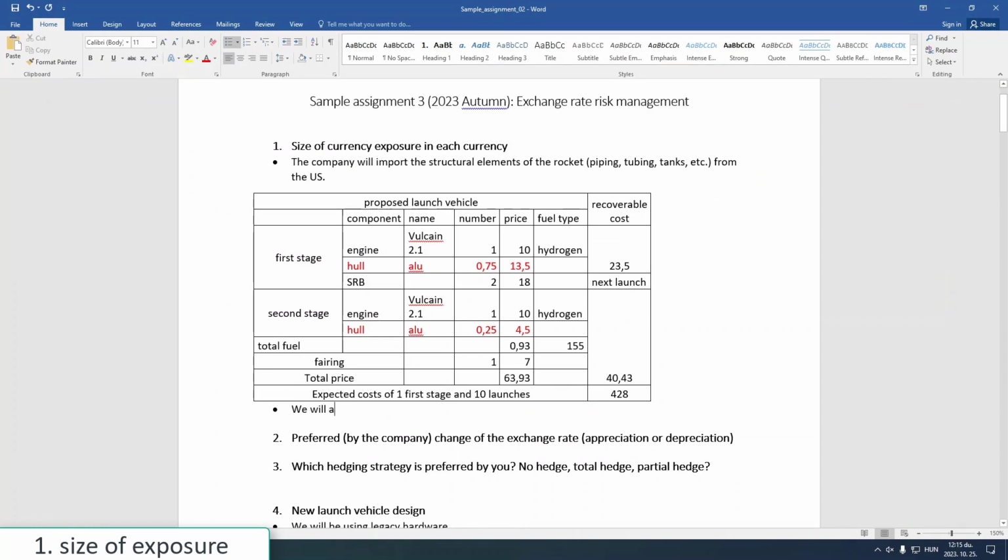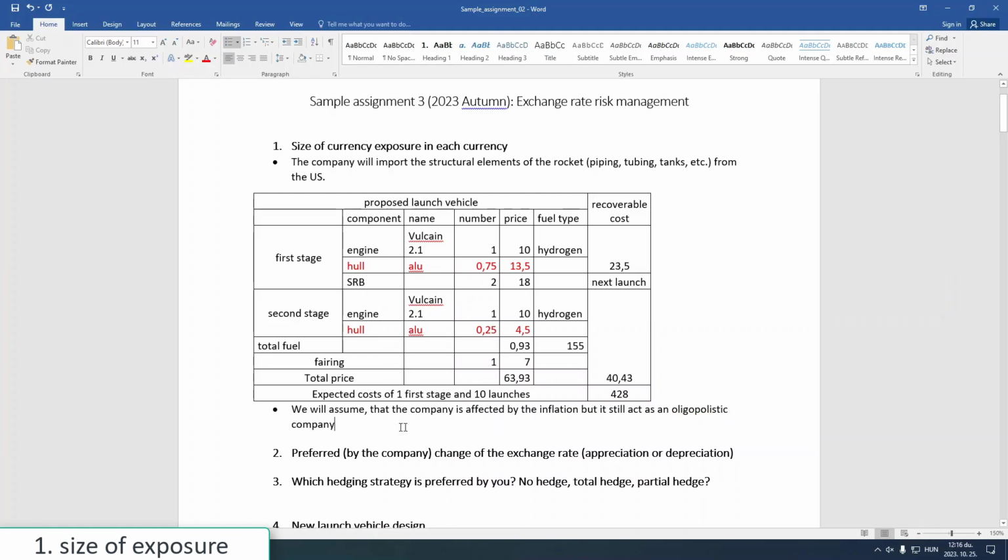We will assume that the company is affected by inflation, but it still acts as an oligopolistic company, so practically our inflation just flows through the company and doesn't affect our profitability.